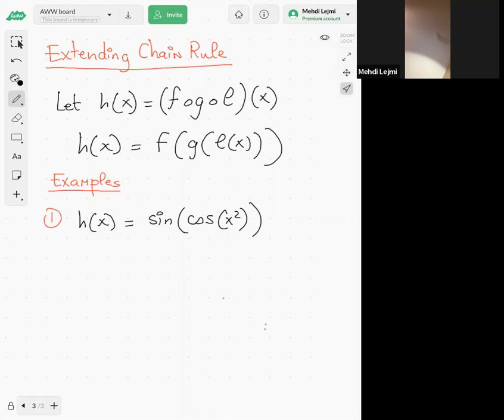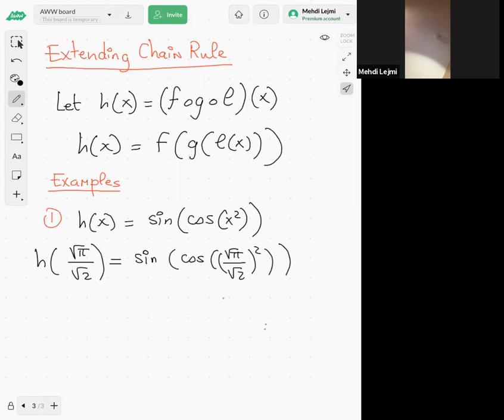For example, what would be h of, let's say, square root of pi over square root of 2? That will be sine of cosine of this square root of pi over square root of 2, squared, right?